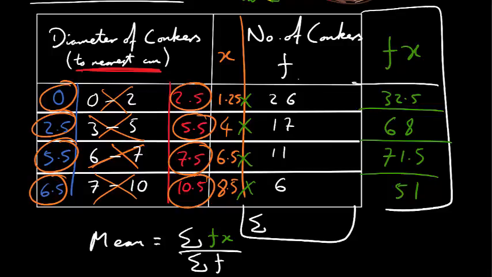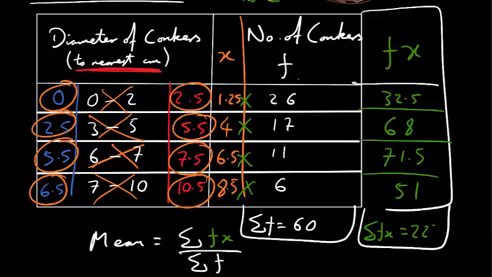So I've got the sum of f works out as 60, and then the sum of f times x is all these numbers added together in this column here. So it's 32.5 plus 68 plus 71.5 plus 51, which comes out as 223, I think.